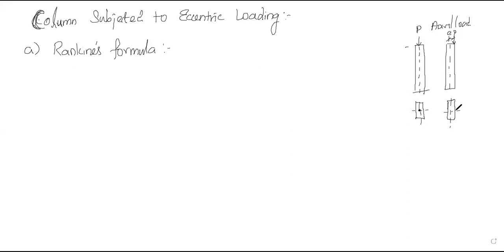So for example, the load is going to act here. Now with respect to the axis, the distance is nothing but E. So this one is called eccentricity. That is, with respect to the axis, the distance at which the load is going to act is called eccentricity. Because of this eccentricity and load, there will be a moment creation.